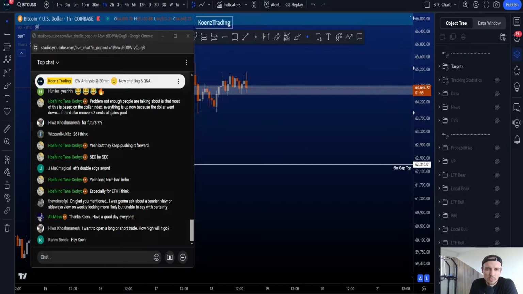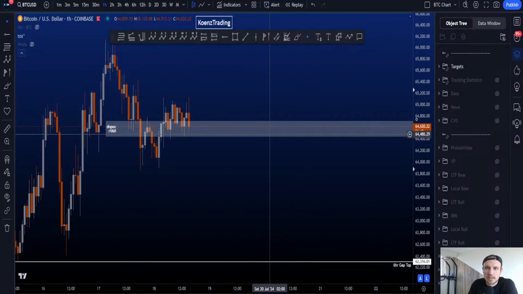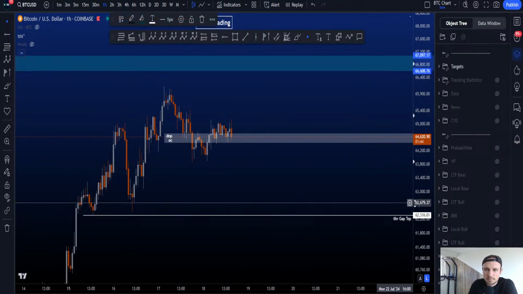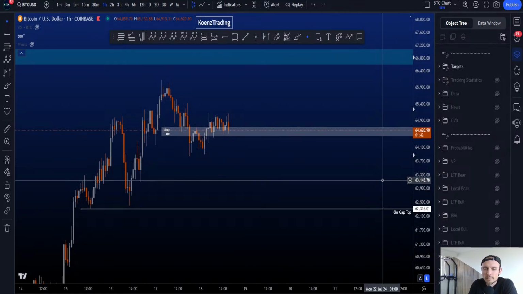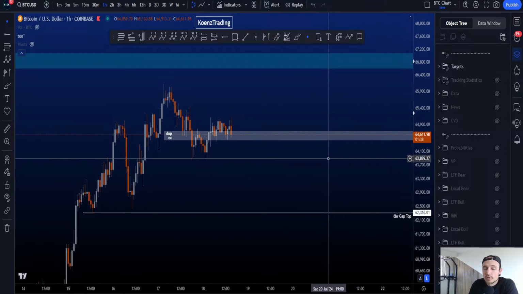You can trade long or short anywhere. Now, my most important resistance to the upside for short term would be this box, 66.6 to 67.1. That's interesting resistance. Also, it depends on the time frame. If you talk about the weekly, price can go to 100k, 150k, 180k.